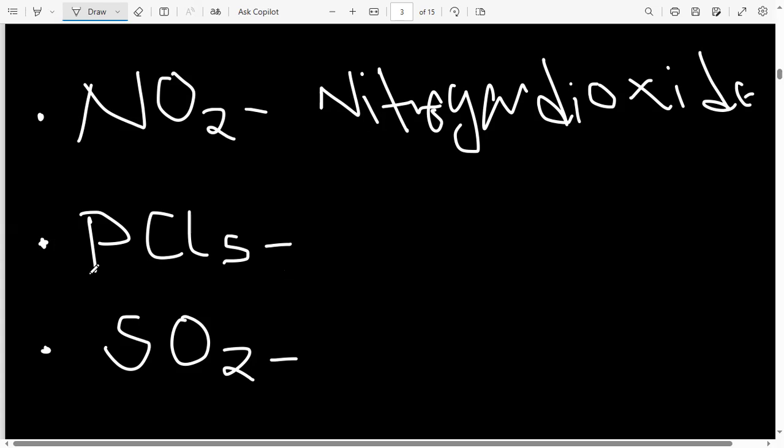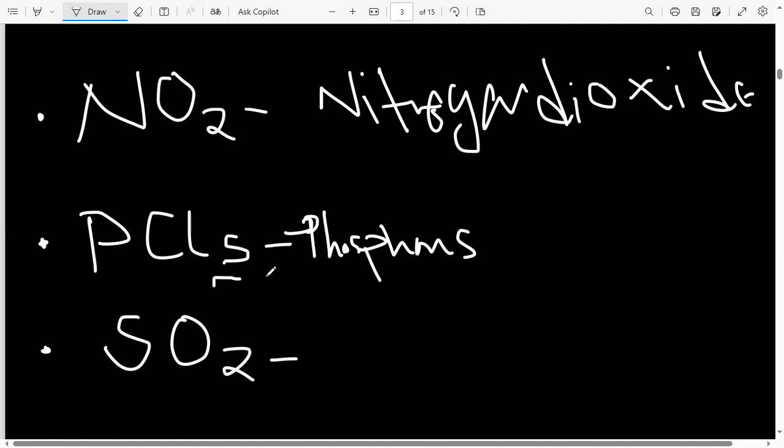Okay, so this is phosphorus. We're just going to write the full name since it's the first element there. This will be phosphorus. And then this one here is chlorine, but it's at the end, so it's going to end in IDE. So it's going to become chloride. But we see that we have 5 of this chloride.